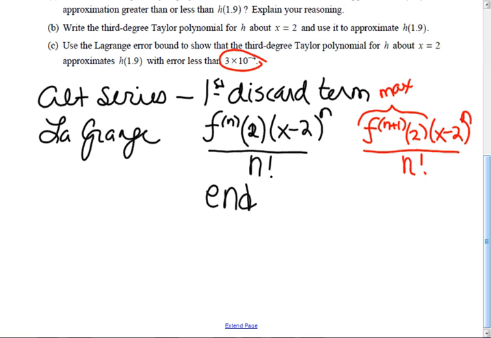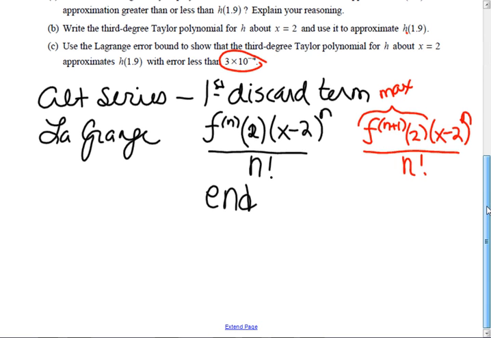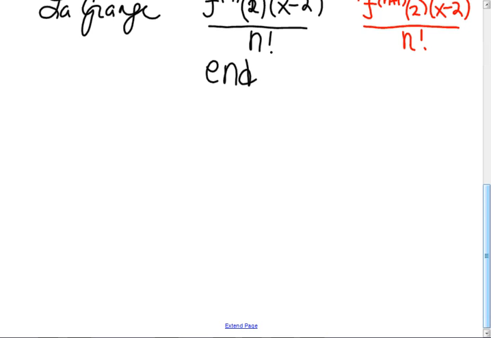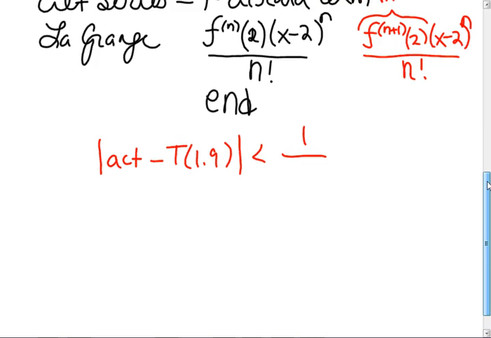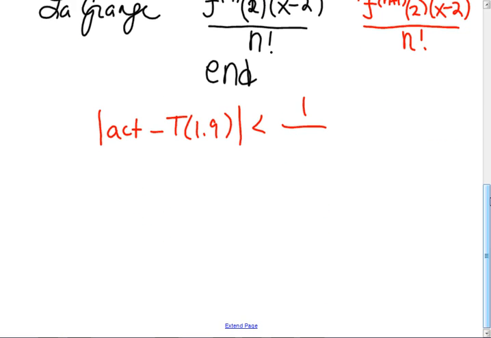So we are going to write the first 3rd-degree Taylor polynomial, and I want to know the difference between the actual value, h of 1.9, and the Taylor one. So I'm going to write actual minus T of 1.9. I want that to be less than 1 over 30,000, right? Did I do my scientific notation right? And so we have the third one. So which derivative are we going to take?